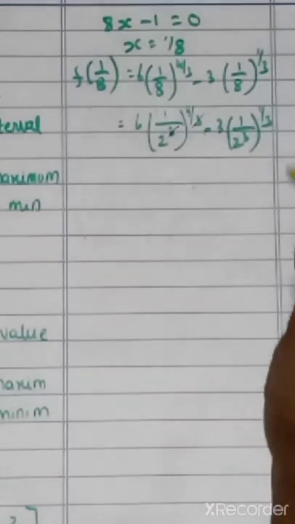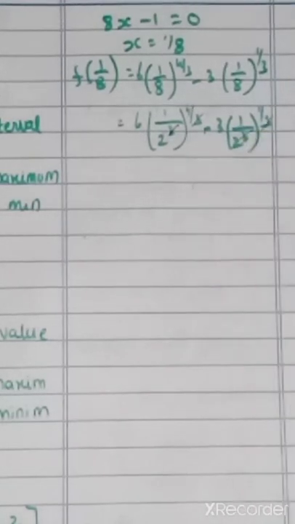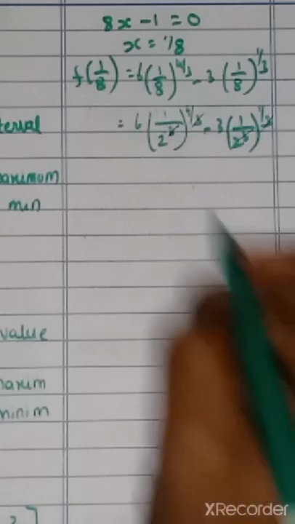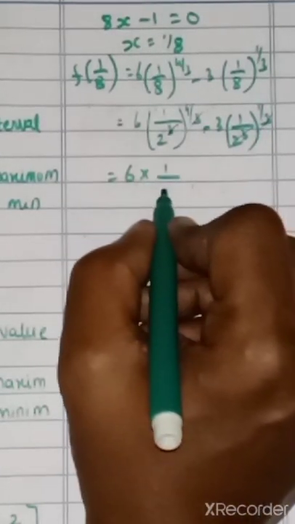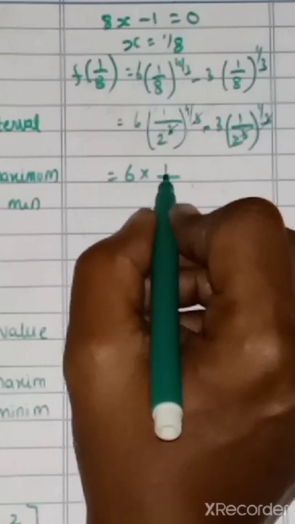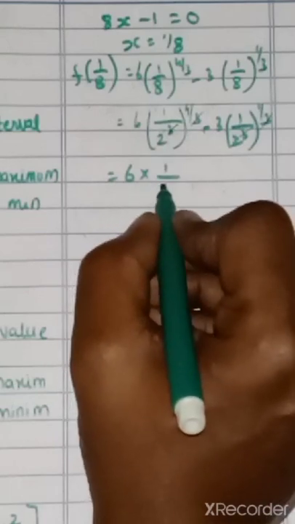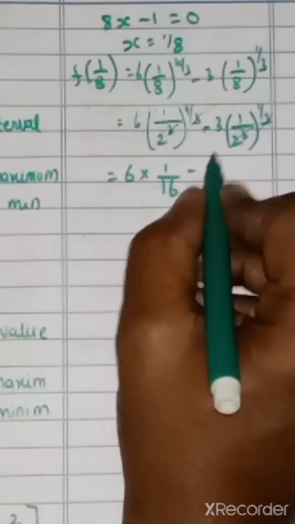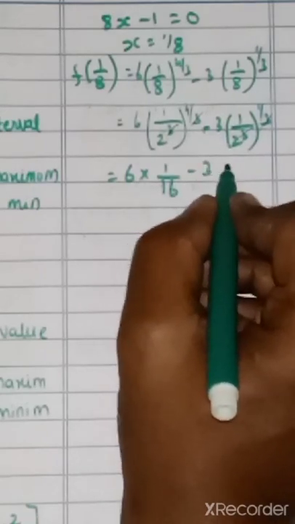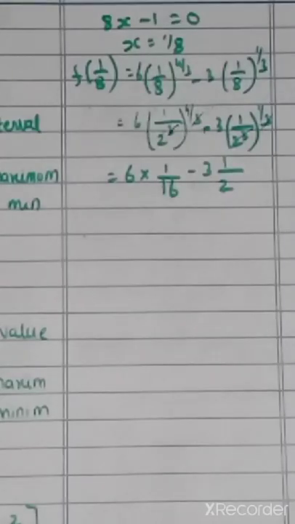So this 3 and 3 will get cancelled. So what will be remaining? 6 into 1 by 2 to 4, that is 16, minus 3 into 1 by 2 is remaining.